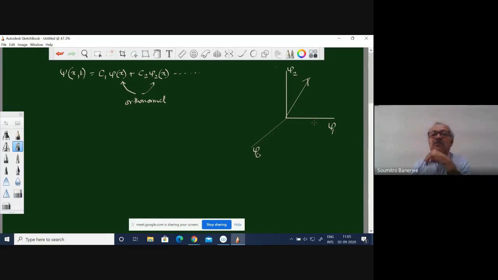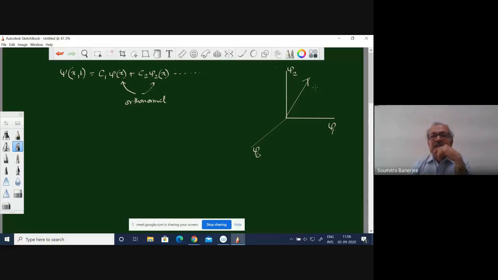And obviously, there will be a whole bunch of such axes because this actually goes to infinity. But in order to aid our visual representation, we will often draw cartoon pictures like this. But I actually want you to have this mental construct that what we are dealing with are vectors like this.